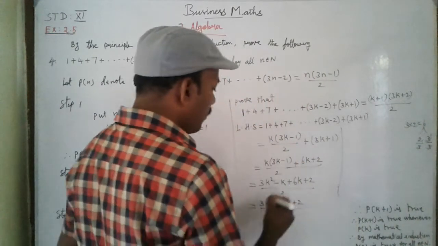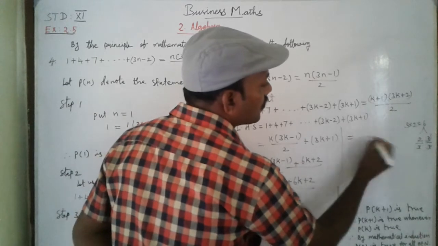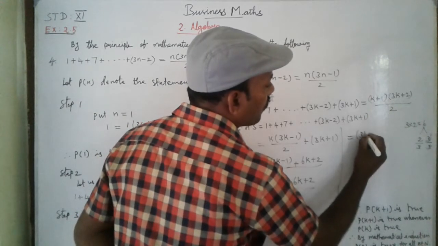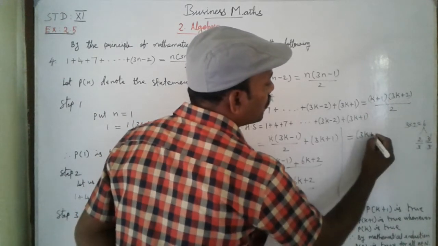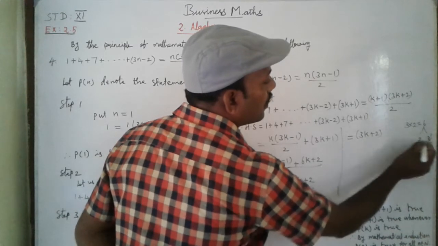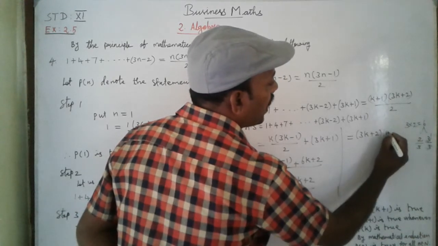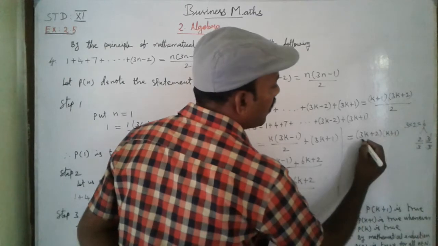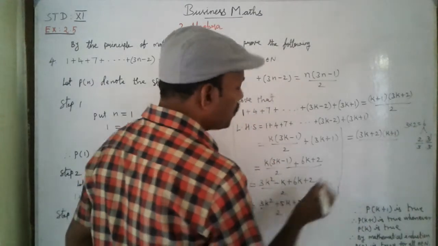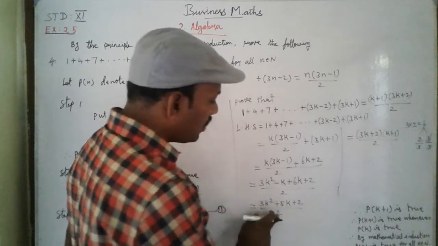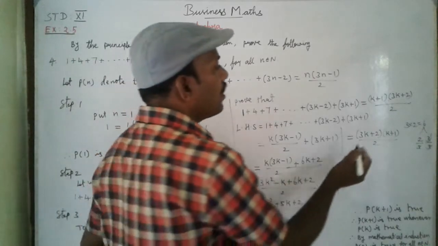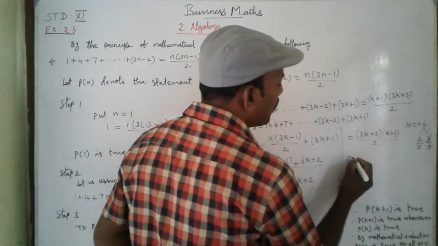So factorize, then its value is (3k plus 2) into (k plus 1) divided by 2. So we should write in order.